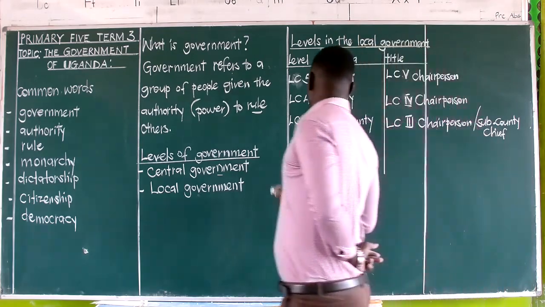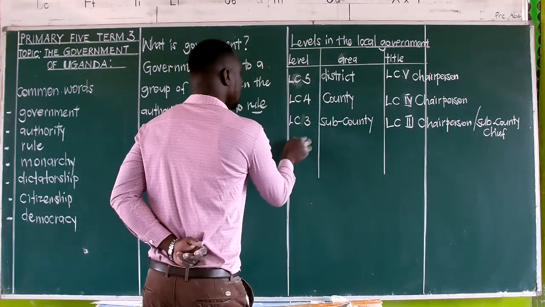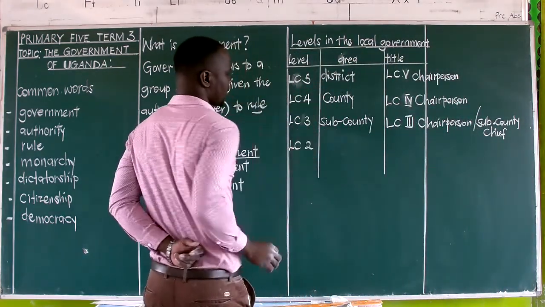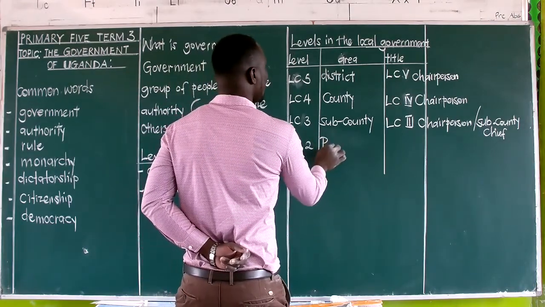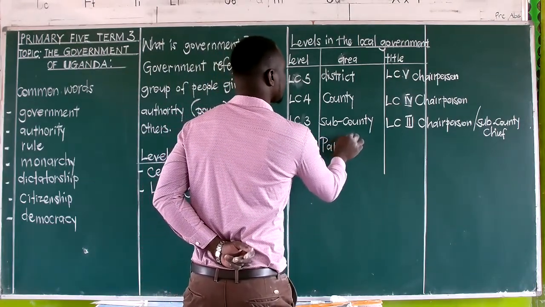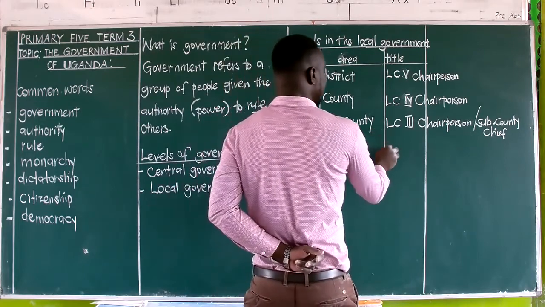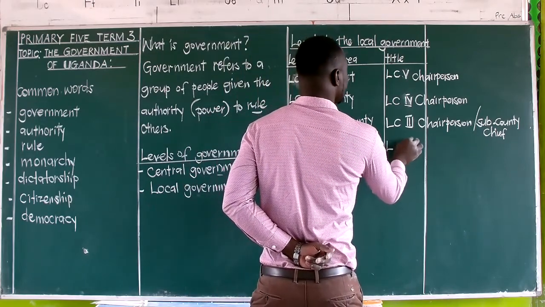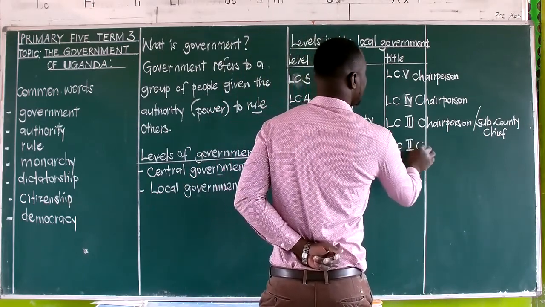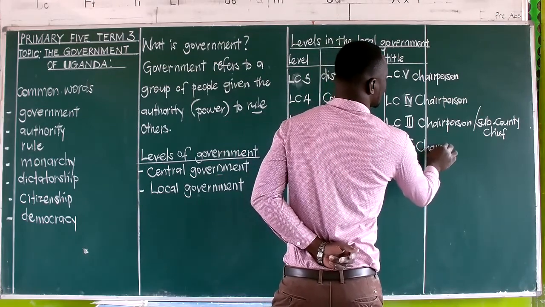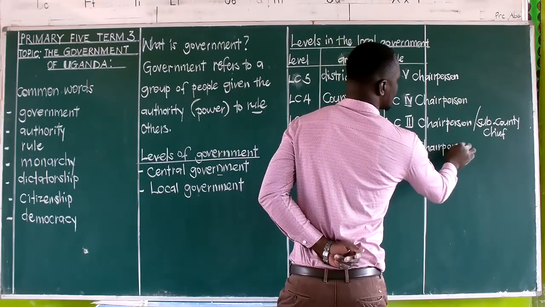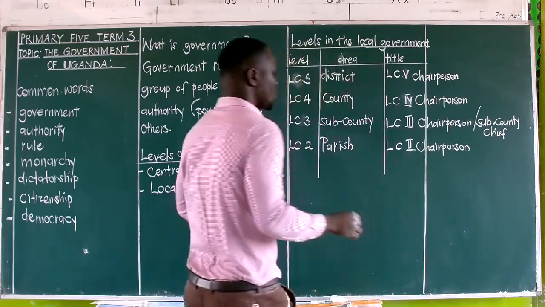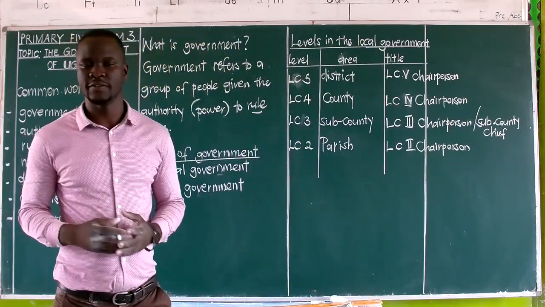We continue. From local council 3, we go to local council 2. This is at the level of a parish. The title of the leader is the local council 2 chairperson, sometimes also known as the parish chief.